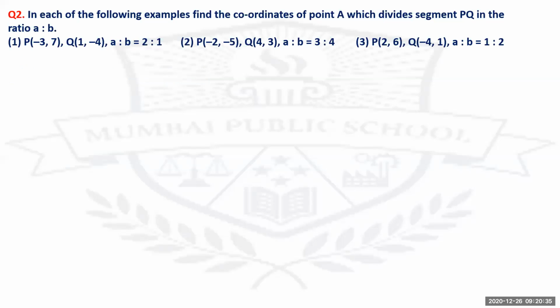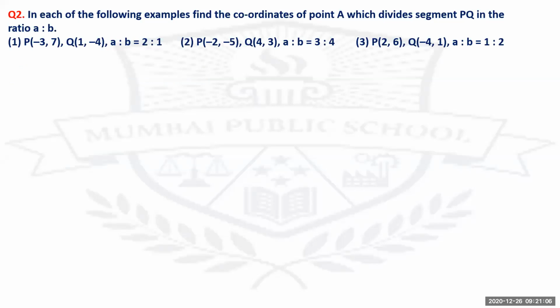Question number 2. In each of the following examples, find the coordinates of point A, which divides segment PQ in the ratio a is to b. Check the values of the coordinates given. P(-3, 7), Q(1, -4), and the ratio a is to b is 2 is to 1.